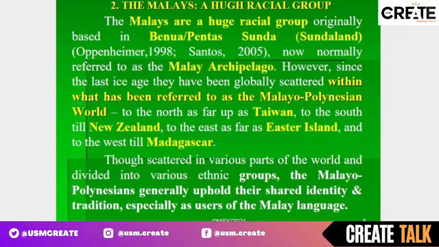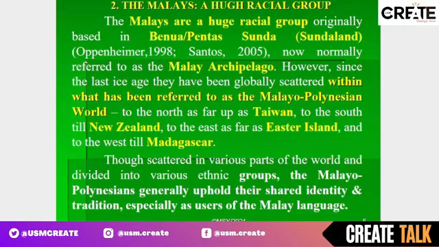So that is the Malayo-Polynesian world. Though scattered in various parts of the world and divided into various ethnic groups, the Malayo-Polynesians generally uphold their shared identity and tradition, especially as users of the Malay language.